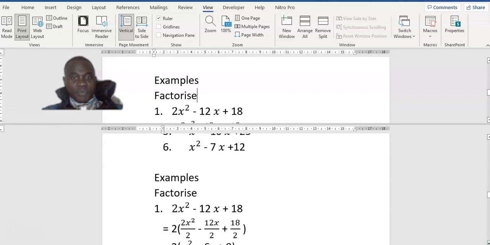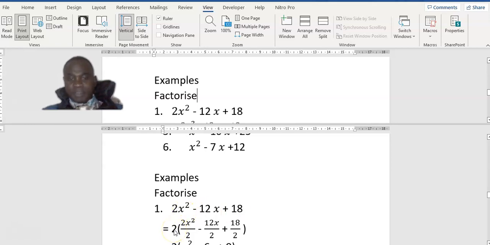Okay, so the first thing we need to do is this 2 can divide itself. It can also divide 12. It can also divide 18 without a remainder. So we say 2 is a factor.